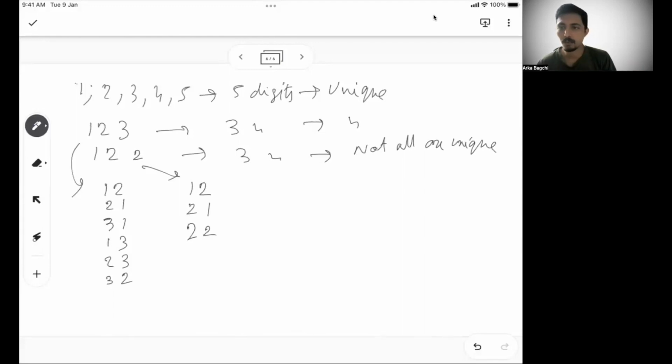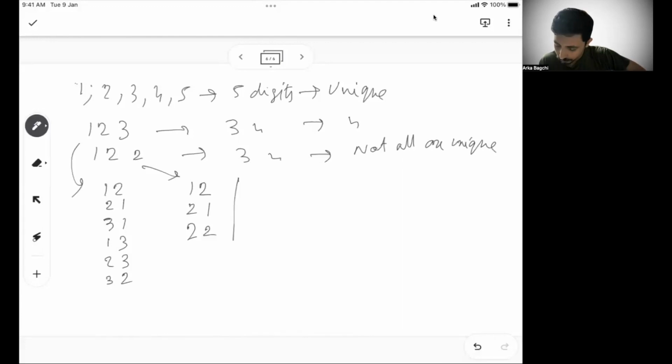Because the 2 and 2 are the same, you cannot make different numbers by selecting either 2 with the 1. It will be the same, so that does not make a difference. So the number of numbers you can make is reduced, because the digits are not unique.